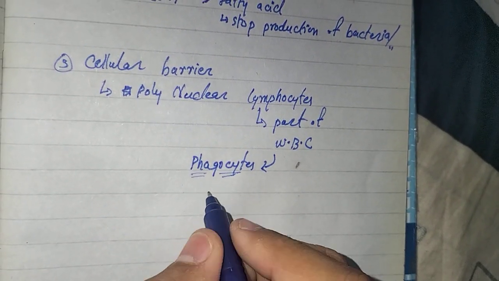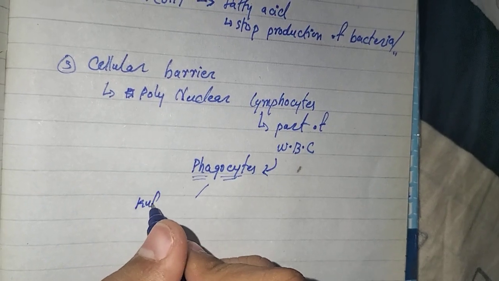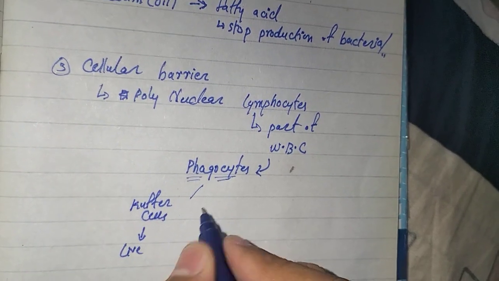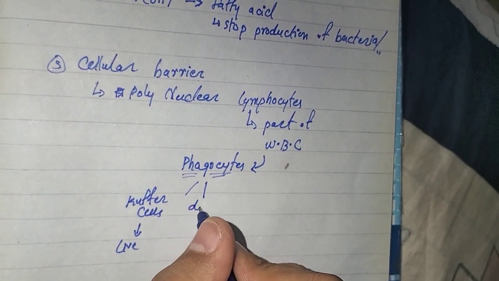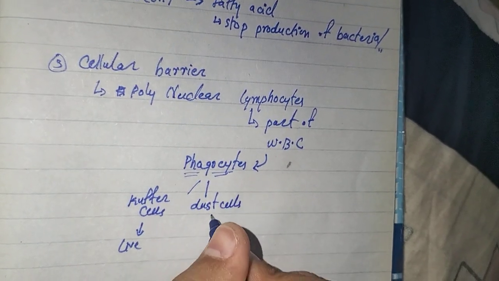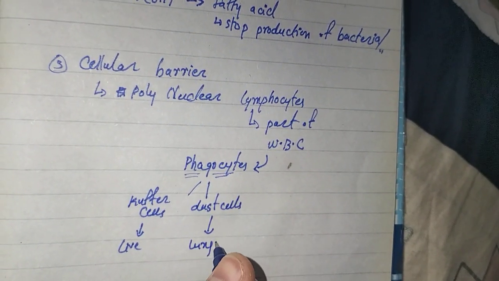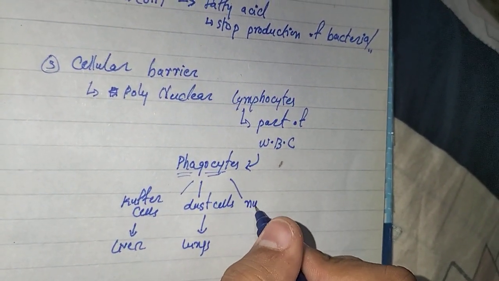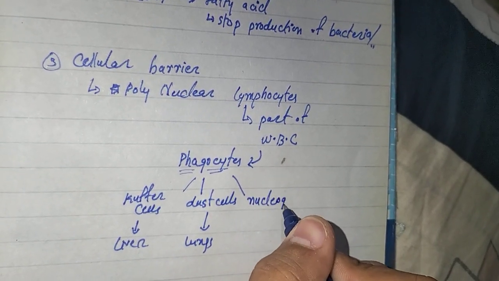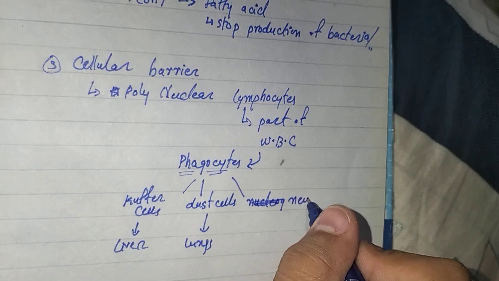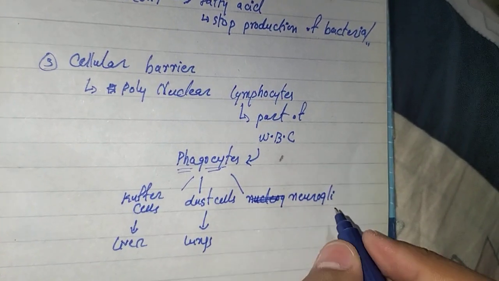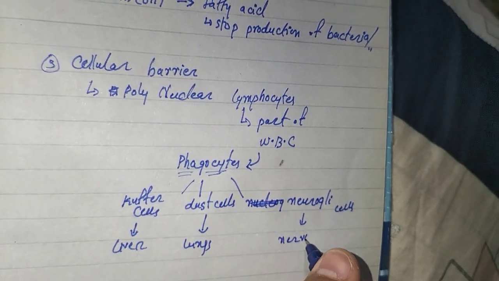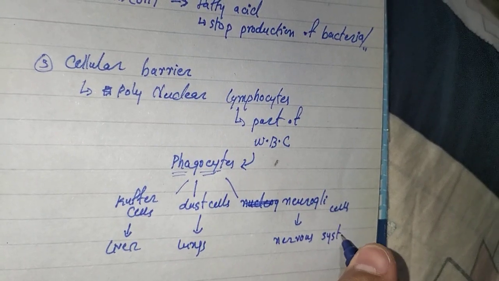Phagocytes consist of Kupffer cells, which are present in the liver and protect the liver from pathogens. They also consist of dust cells, which are present in the lungs and protect the lungs from dust, and neuroglia cells, which are present in the nervous system.